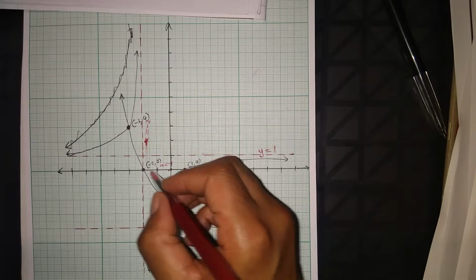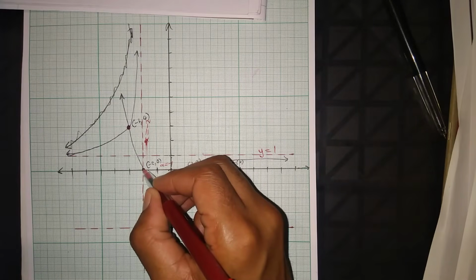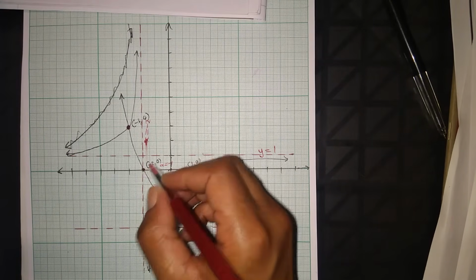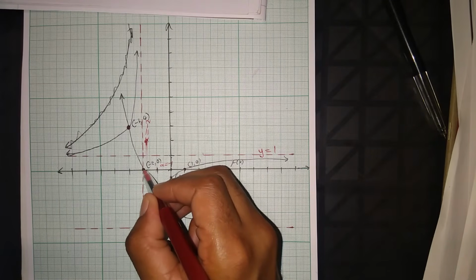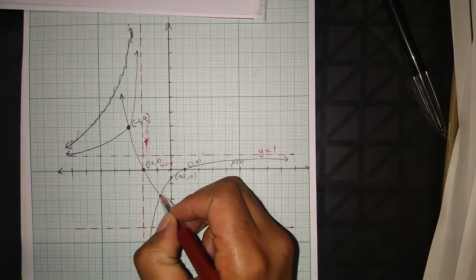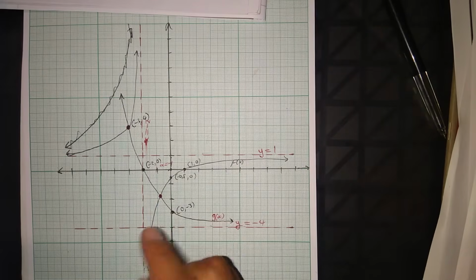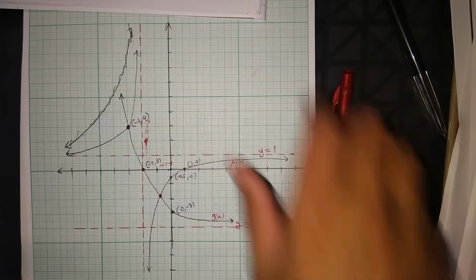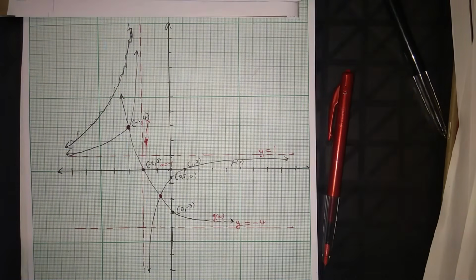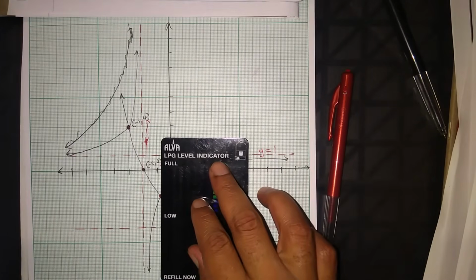You see? Between x equal to negative 2 and this point, between this point and here. Check again.